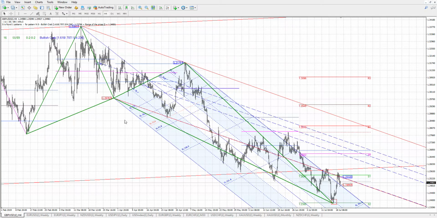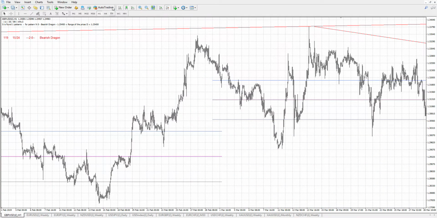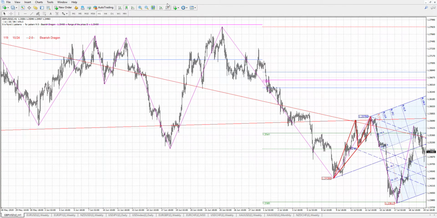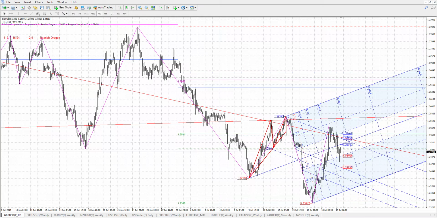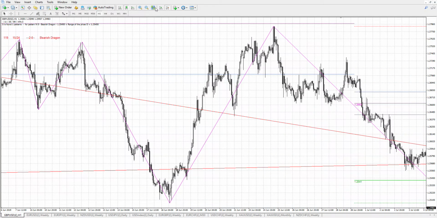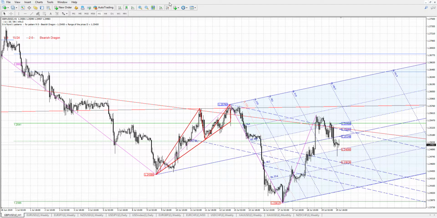So, and then H1, bearish dragon. So we've got resistance there, 1.2514, and that would invalidate the dragon if we break 1.2579.